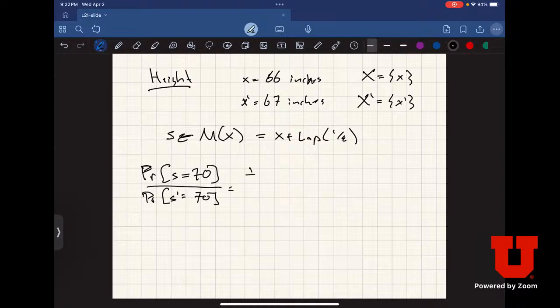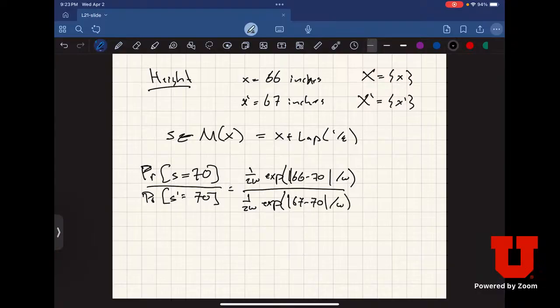We know it's going to be Laplace noise, so 1 over 2w exponent of 66 minus 70 divided by w is the likelihood for the Laplace, divided by 1 over 2w exponent of 67 minus 70 divided by w.